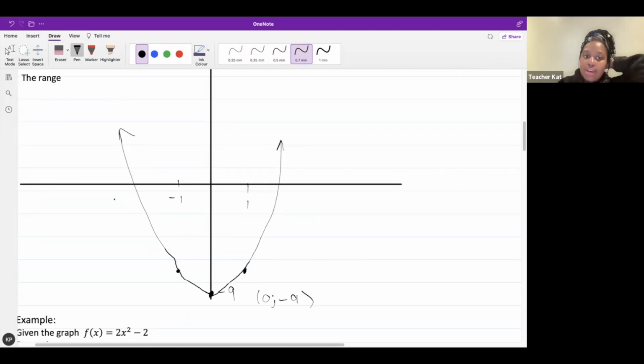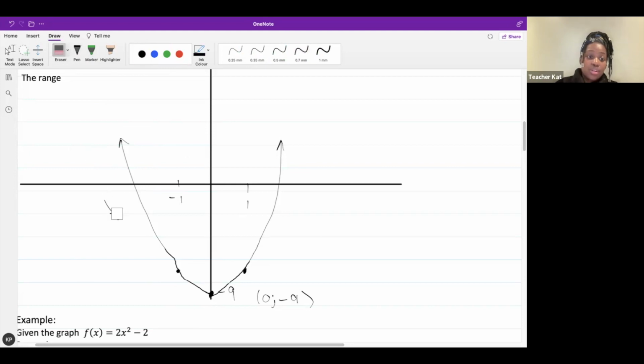If you look on the left of your turning point, the direction of the graph will always be different from the right of your turning point. This is what I mean. On my left of this specific turning point, was this an increasing or decreasing graph? On the left-hand side of my turning point, it was a decreasing graph, okay? And we know that because my y values were going down and down and down.